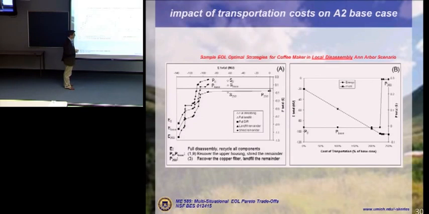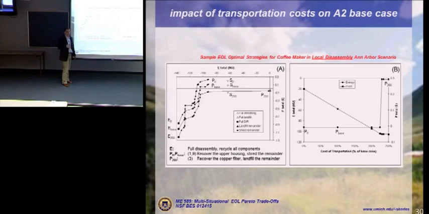Until you get to a magic number here just above 2 times, then your strategy changes. You go from the base case strategy to the 250 strategy. So that here, what it says, that your base strategy is just recover the upper housing and shred the remainder. If the labor costs get too high, then you just recover the copper filter and landfill the remainder.